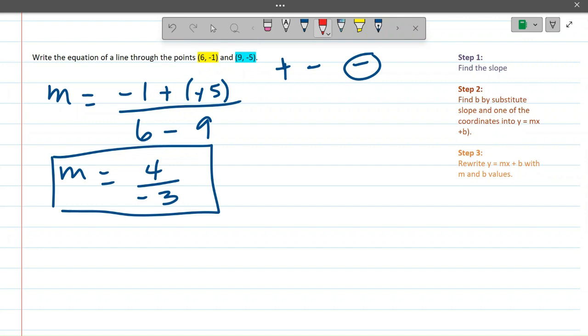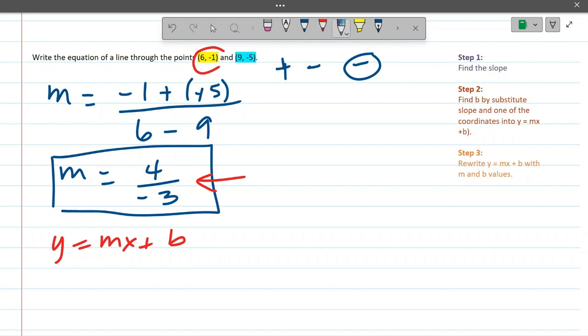All right, so now I'm going to rewrite y = mx + b. And everywhere I see m, I'm going to put in -4/3. Everywhere I see x, I need to pick a point first. I'm going to choose my yellow point. Everywhere I see x, I'm going to put in 6. And everywhere I see y, I'm going to substitute in -1.